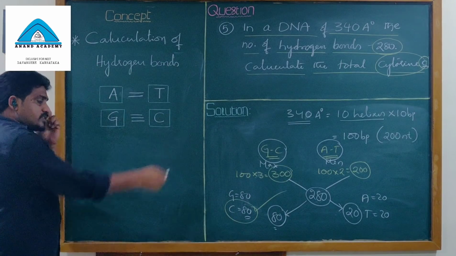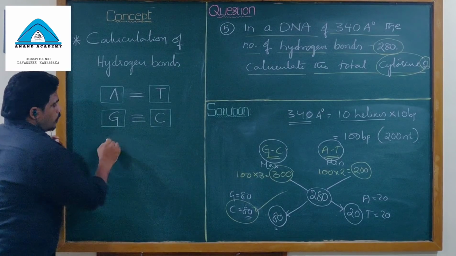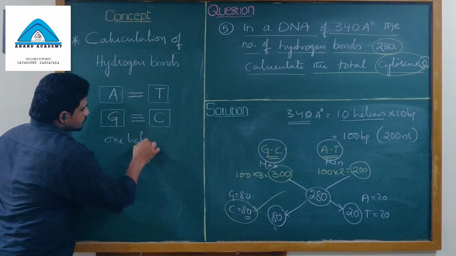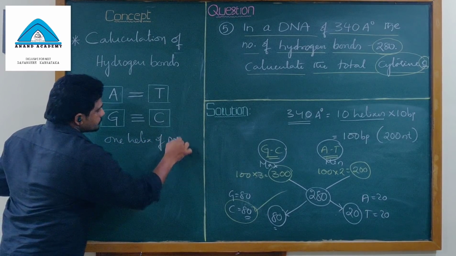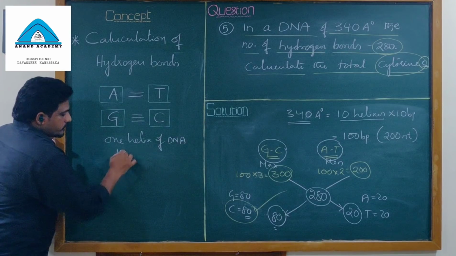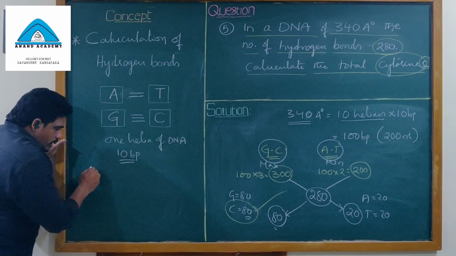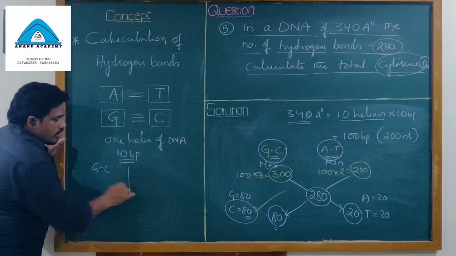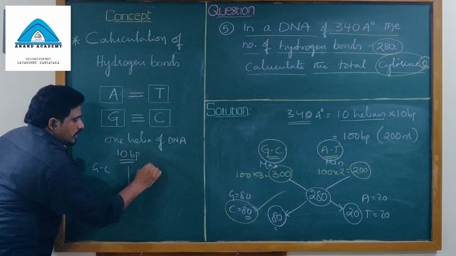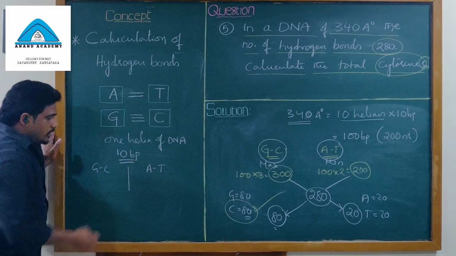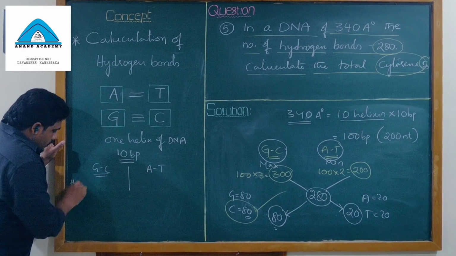On which basis can we apply this? One helix of DNA consists of 10 base pairs. If all the 10 base pairs are GC combinations or all the 10 base pairs are AT combinations, how many hydrogen bonds are there?